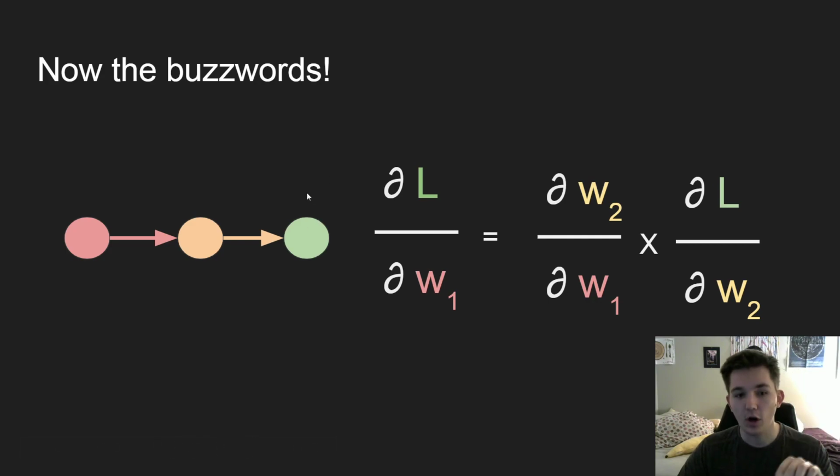So we can do this over the course of as many nodes as we want, combining as many different nodes as we want, and we can just find any of these that we'd like. And this process of using these different partial derivatives to calculate ones earlier in the sequence is called backpropagation.